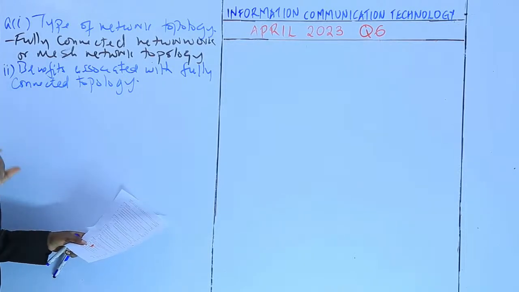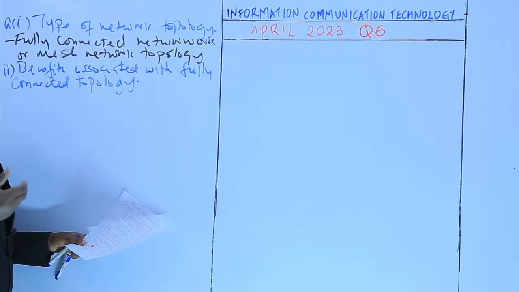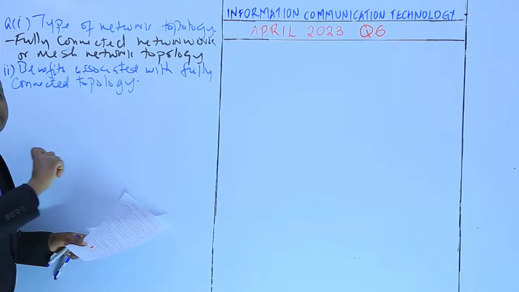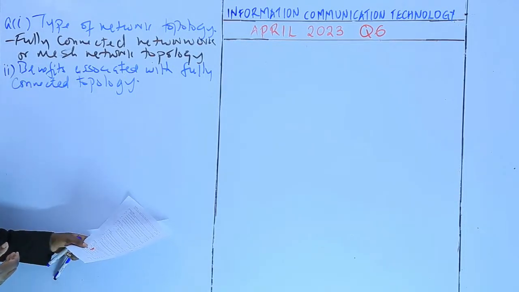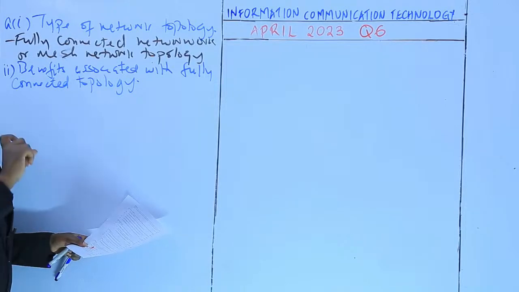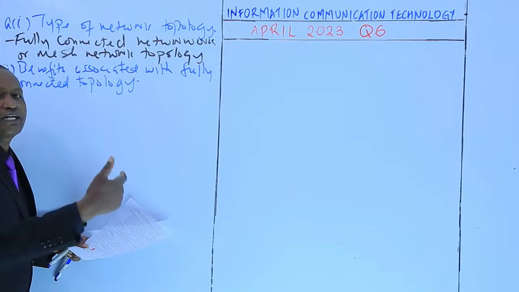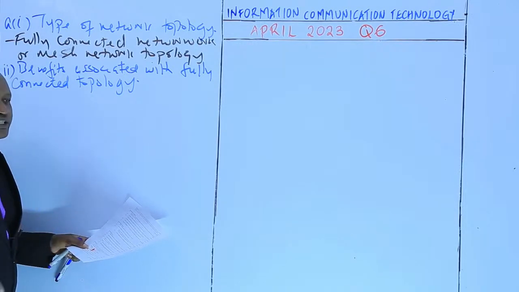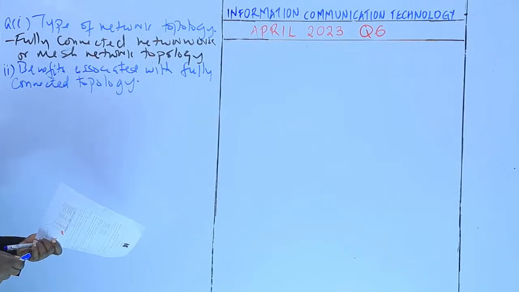Because in a fully connected network, each node is directly connected to every other node, which provides multiple paths for data transmission. And such redundancy enhances network reliability and fault tolerance. Why? Because if one connection fails, alternative paths are available, ensuring uninterrupted communication. Reliability. That is one benefit.